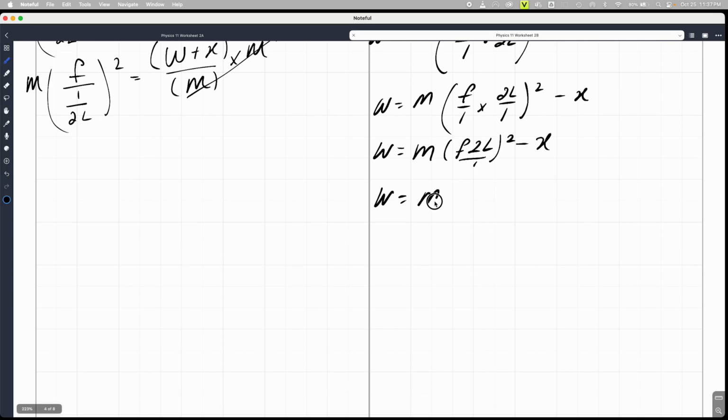W equals M, and the square is applying to the whole F times 2L.